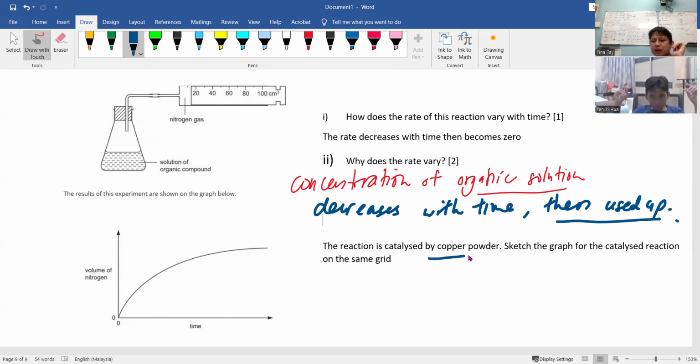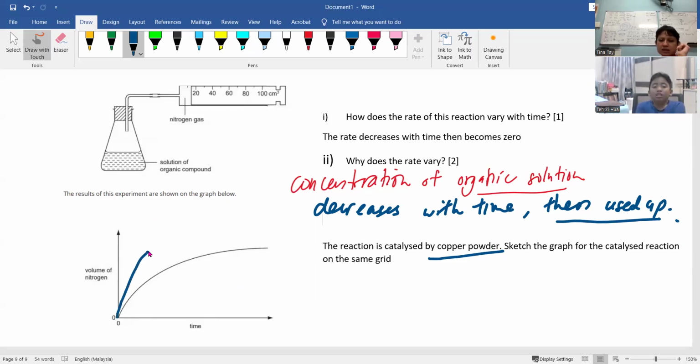Okay? If it is catalyzed by copper powder, what do you think will happen? Will it be faster or slower? It will be faster.